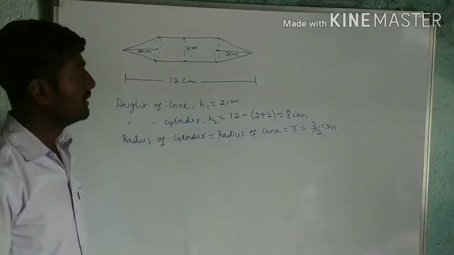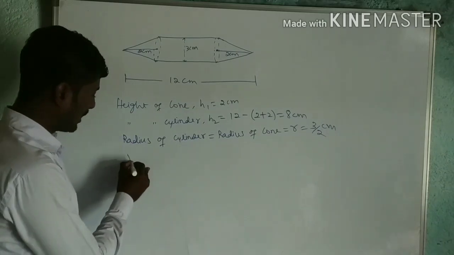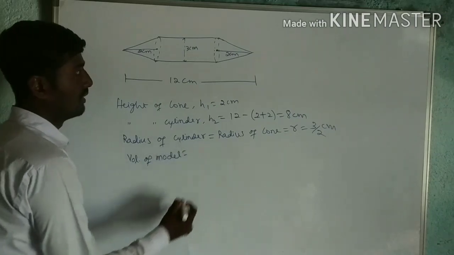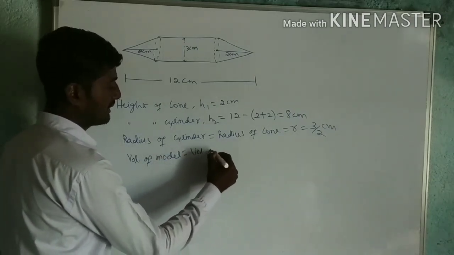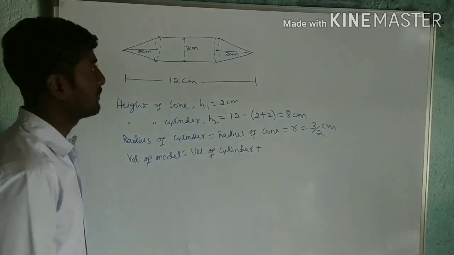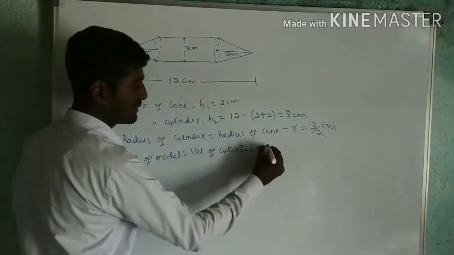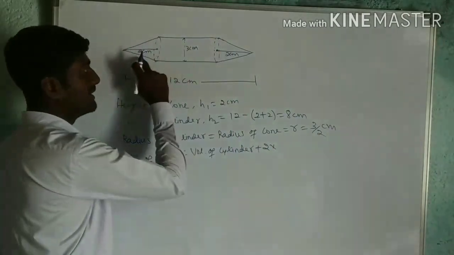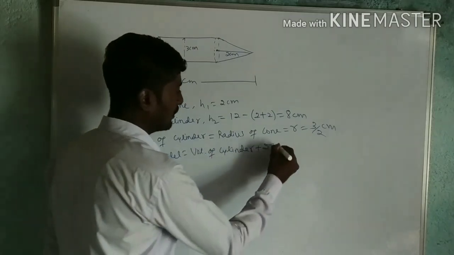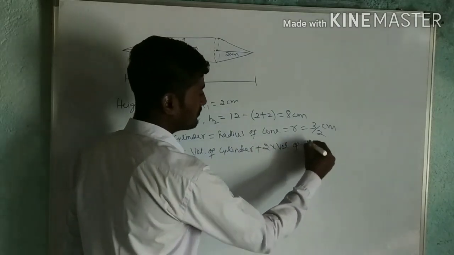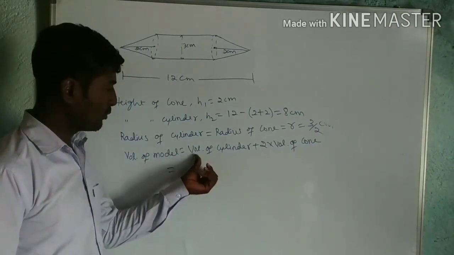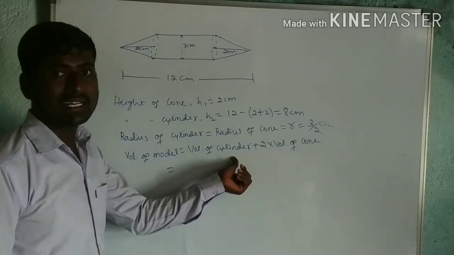Now we can find the volume of the model. Volume of model is equal to volume of cylinder plus 2 into, there are 2 cones of the same radius and same height, that's why I take it as 2 into volume of cone. Now we shall write the formula. Volume of cylinder is pi r square h.